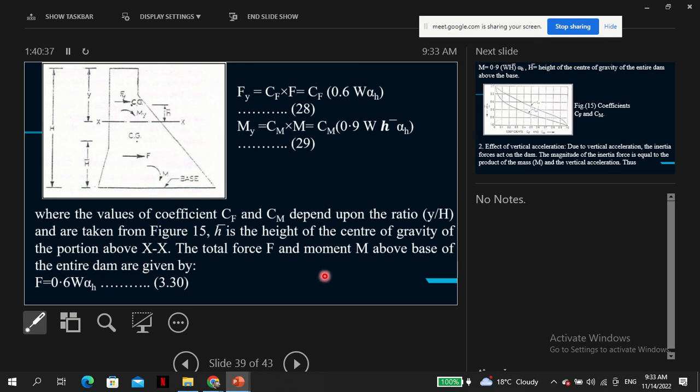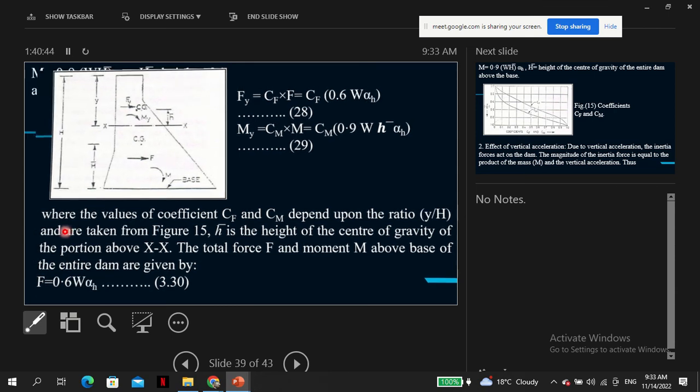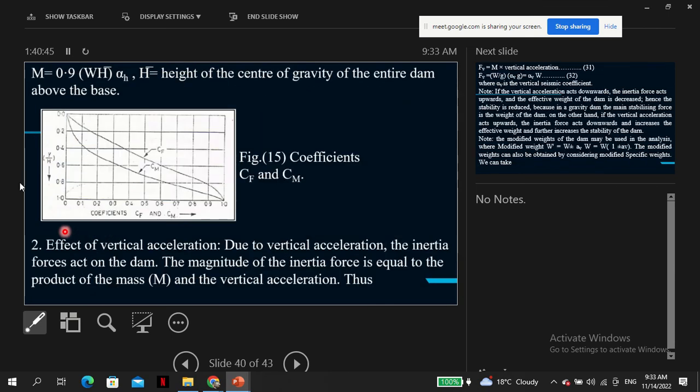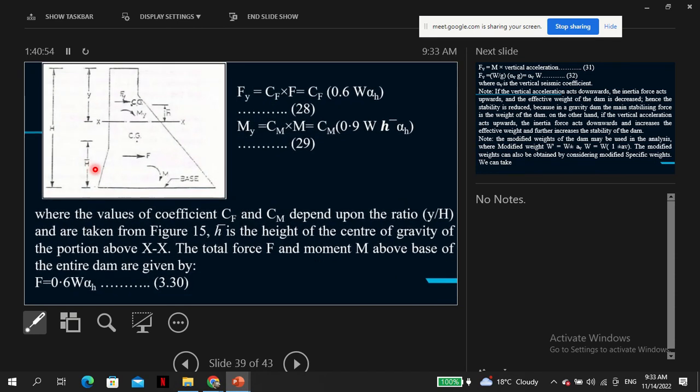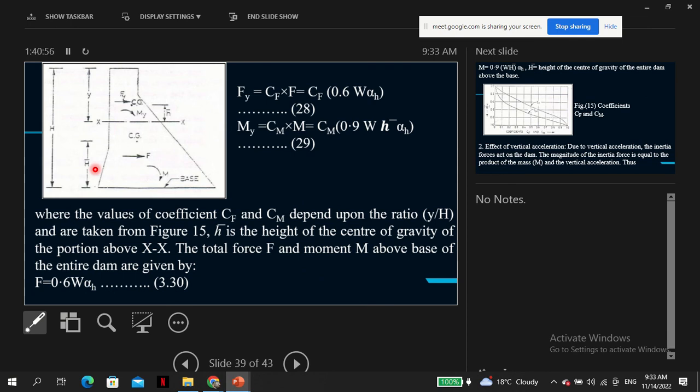The total force F and moment M above the base of the entire dam are given as shown. This has just some empirical formulas, based on y over h. You can get those values as C. So here, based on these values, you can calculate.